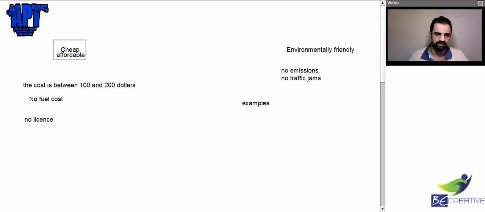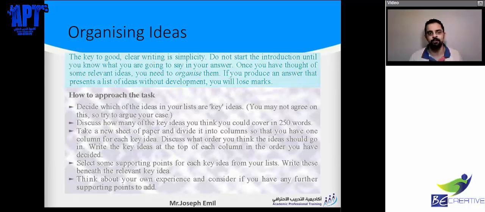Examples for every one of your arguments are a very good method to gain more marks. If you present examples for every one of your arguments, and those examples are convincing, you will earn marks.